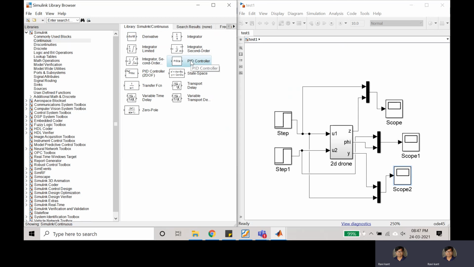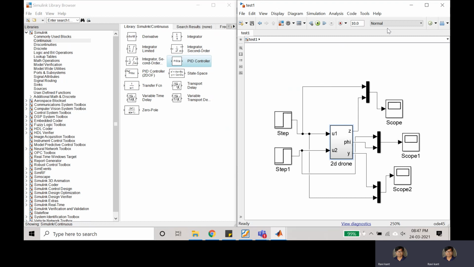Okay, yes, this is the PID controller, which I'm going to place in between. So the philosophy of using PID is you are going to get the error from the output and your reference signal, and this error you are going to feed to the PID.